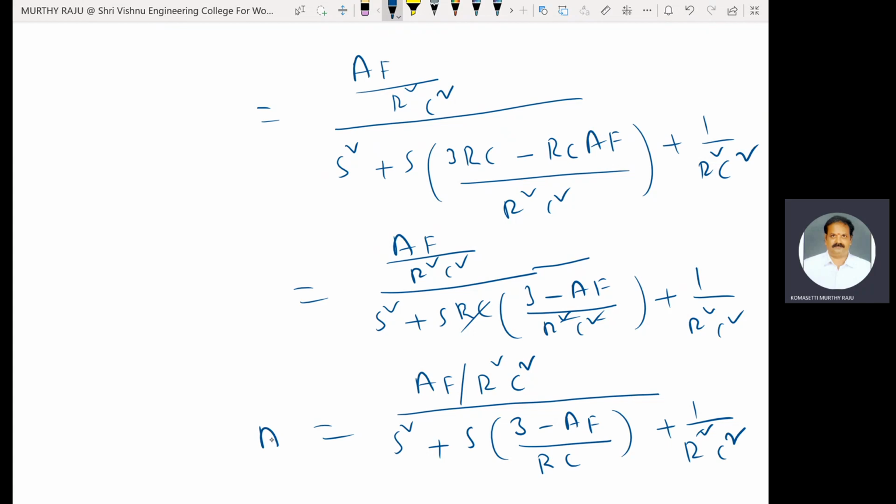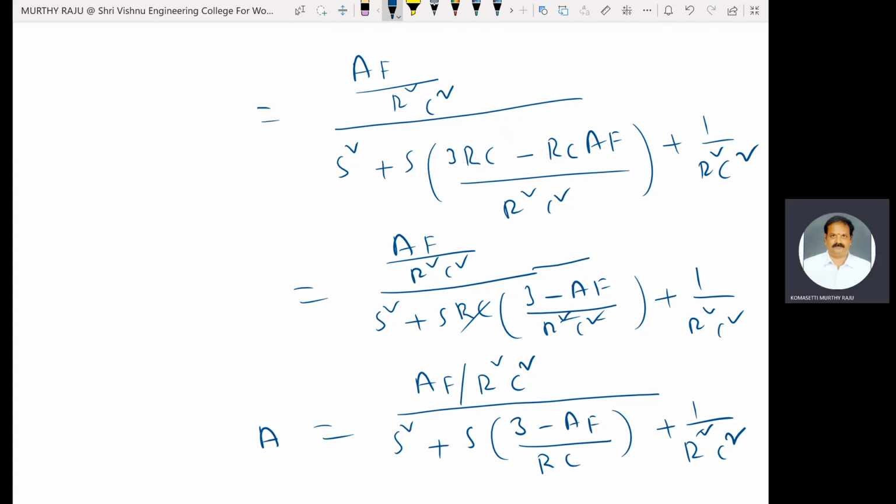This is the A, when R2 is equal to R3 is equal to R, and also C2 is equal to C3 is equal to C.